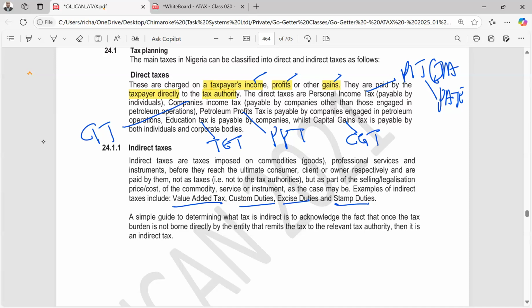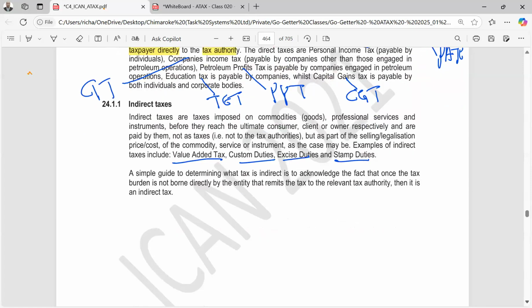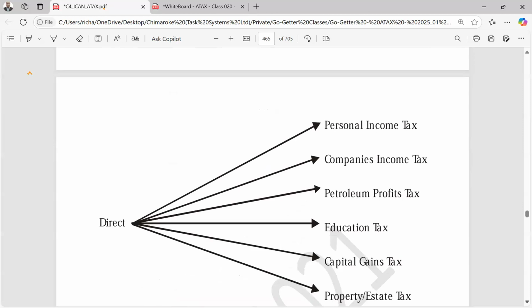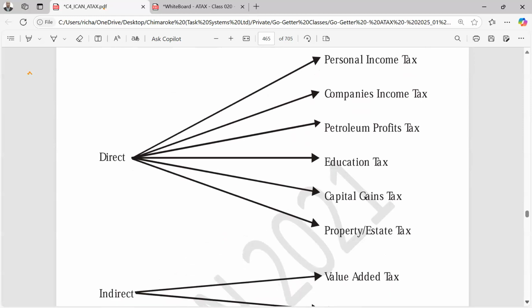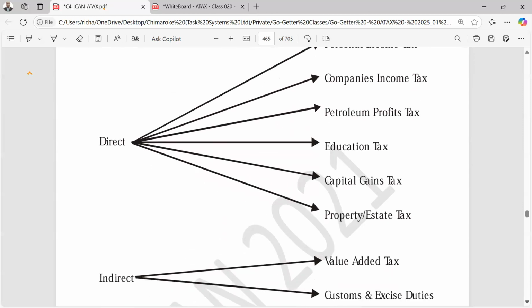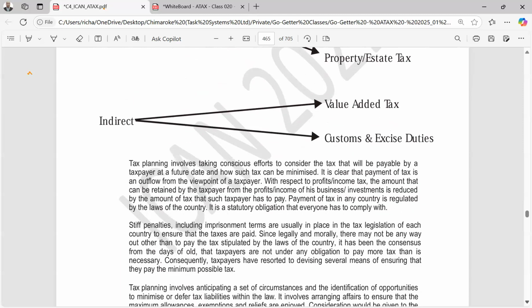The vendor bears the burden of paying the tax, but the person who consumes has paid the tax, especially that of VAT. That's why we say in VAT, the final consumer is the person who bears the burden. So you can see examples of direct taxes here and examples of indirect tax.